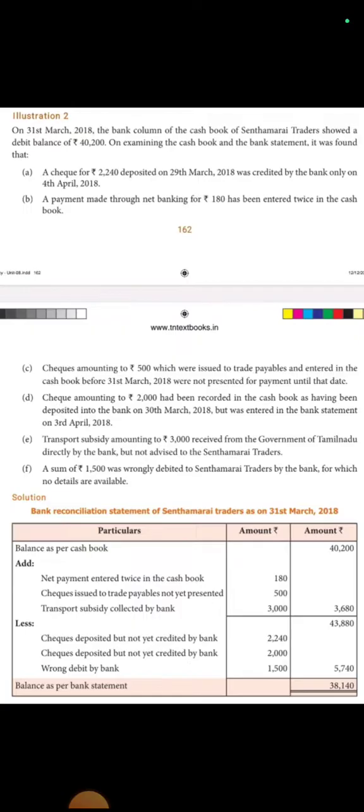Now we have to subtract that 5,740 from 43,880. What we get? We got 38,140. So we found the balancing figure. This is the balance as per the bank statement. So the balance as per the bank statement is 38,140. That's all.